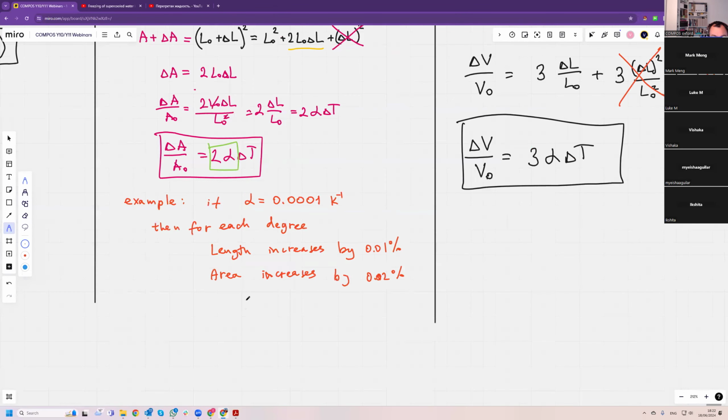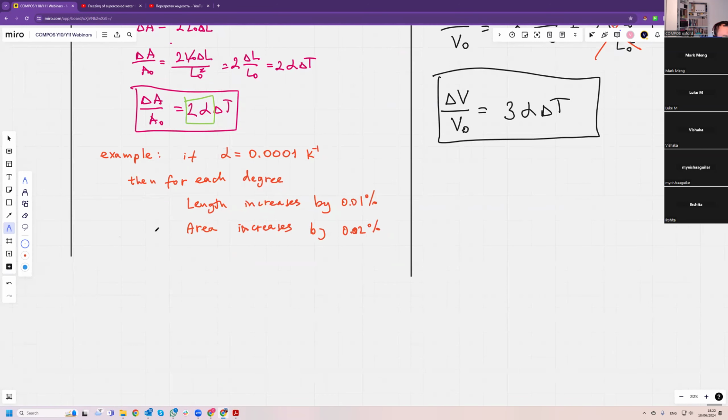And we can carry on that the volume increases by 0.03%, which is quite interesting.